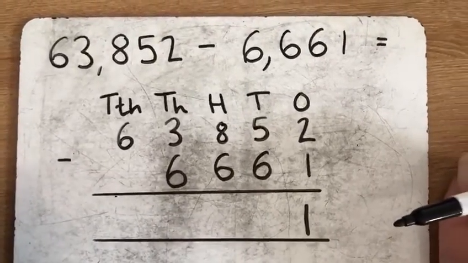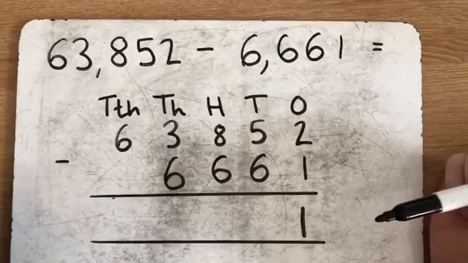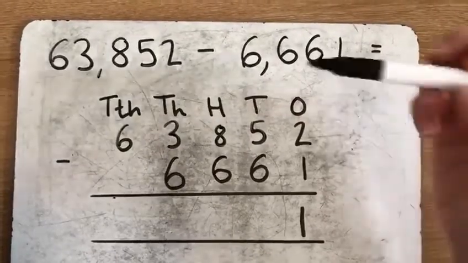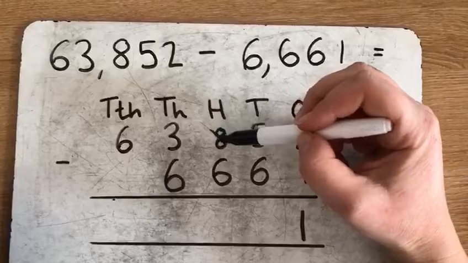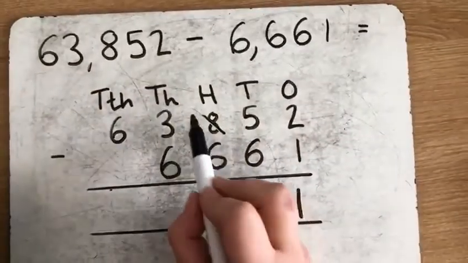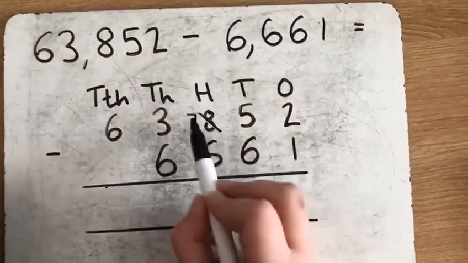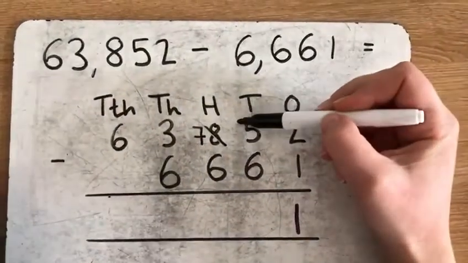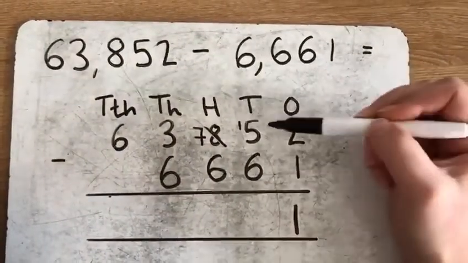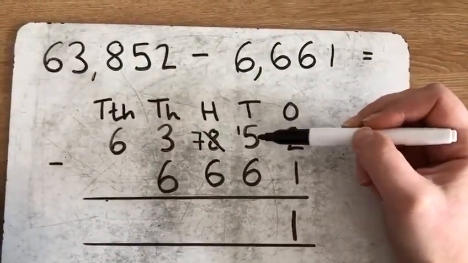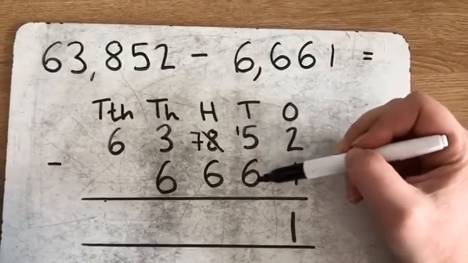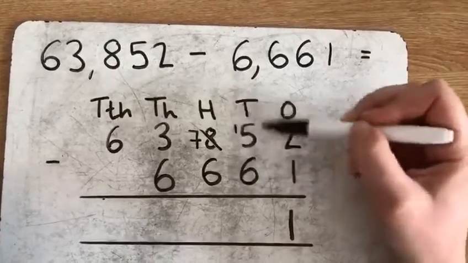So I need to borrow, and I'm going to borrow from the hundreds column. So what I do is I turn my 800 into 700, and then I place the 100 here. So now I'm doing 150 take away 60. That's what's happening here.